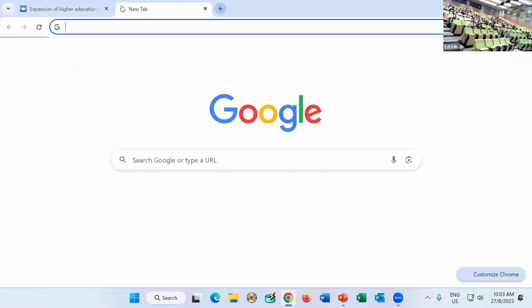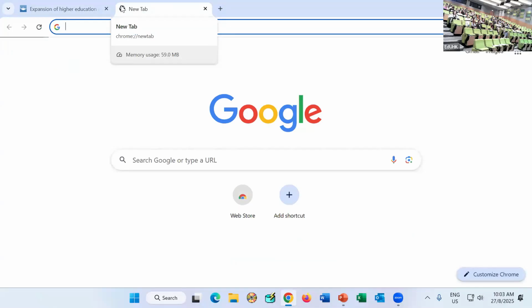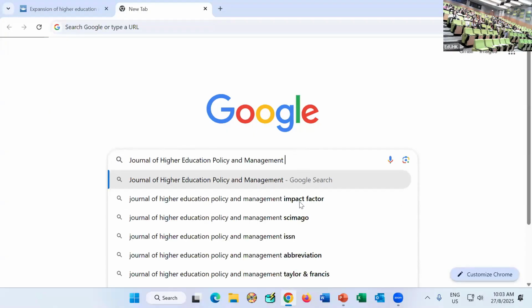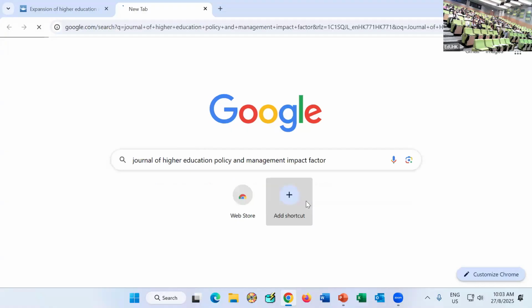One way to check is to go to Google and then just type this journal name. I just copy that and paste. The thing is, you can search for the impact factor. Impact factor is like the report card for that journal. So there will be a number given to that journal. The higher the number, the more impactful the journal should be. And let's check.